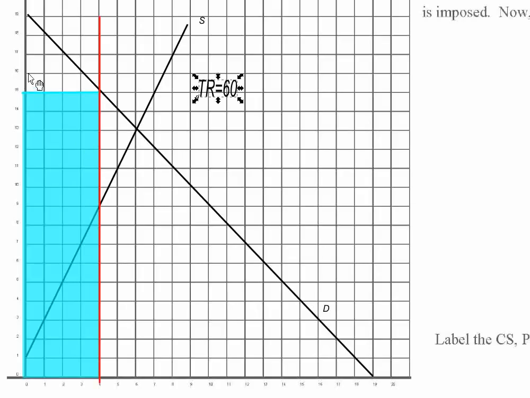Now we see that the consumer surplus is going to be this area up above here, so let me color that in. It's the area above the price of 15 but below the demand curve. And like we did in class, I'll color that yellow. And the variable cost is always the area under the supply curve, so let me highlight that area, from 0 up to 1, following the supply curve up over to 4 units.